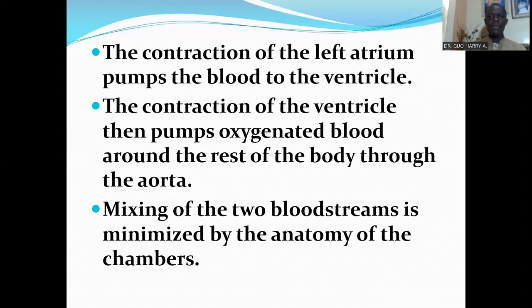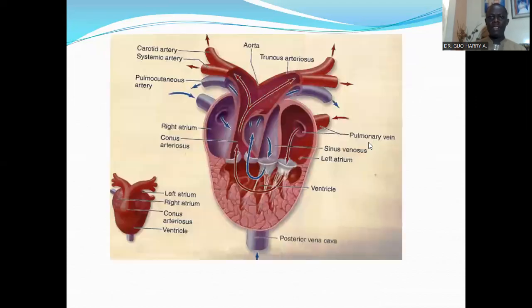Now I want to look at the structure of the amphibian heart. We said that the adult amphibian heart has 3 chambers: 1 ventricle and 2 atria. This is the right atrium, and we have the left atrium.